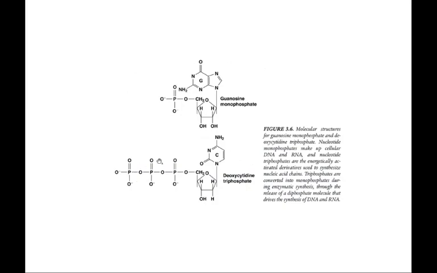However, if there are only 2 phosphate groups, it will be cytosine diphosphate, so CDP. And if there is only 1 phosphate group, it will become cytosine monophosphate, so CMP. That is how we name our nucleotides.